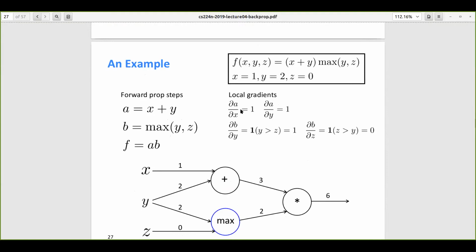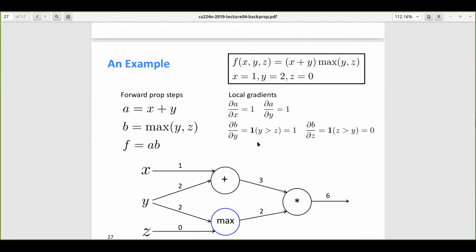That's because this function is made of 2 variables, x and y, and when you take the partial derivative with respect to any one specific variable, you consider the other variable as constant. So when you take the gradient of a with respect to x, you get 1. The same goes for y: the gradient of a with respect to y is 1. So this is simple when it comes to a.